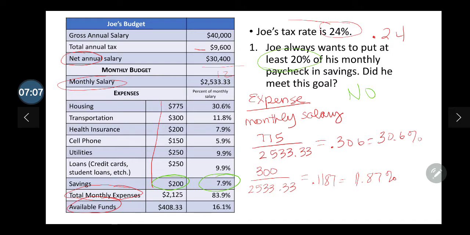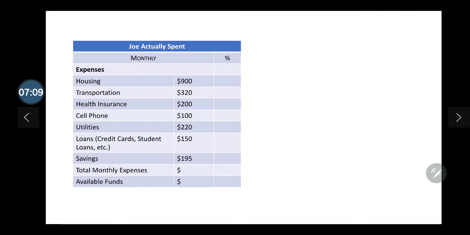Okay, so let's look at question 2. It says, how well did Joe stay on his budget? First of all, we've got to determine the percent of his budget that he actually spent on housing, transportation, and health insurance, because sometimes what we budget is not what we use.